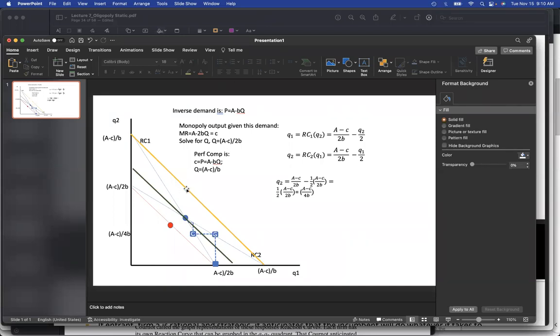Now, is the perfectly competitive output greater than Cournot? Yes, because the yellow line is beyond the blue line. It's also clearly greater than the monopoly output, which the yellow line is greater than the red line. Okay, so that's the interesting thing that you'll see here in this graph. But Cournot is somewhere in the middle between monopoly and perfect competition.